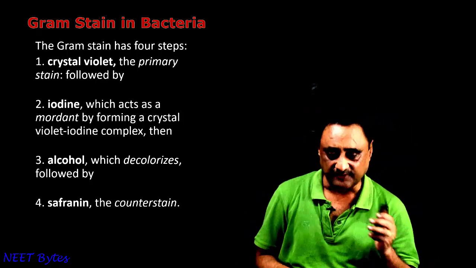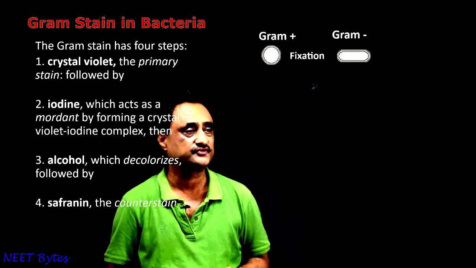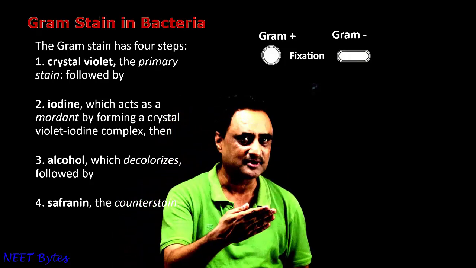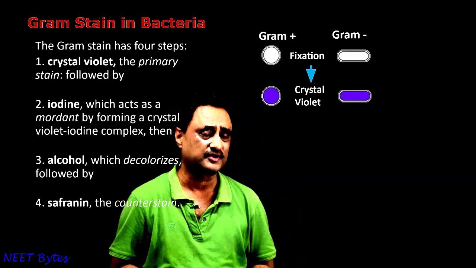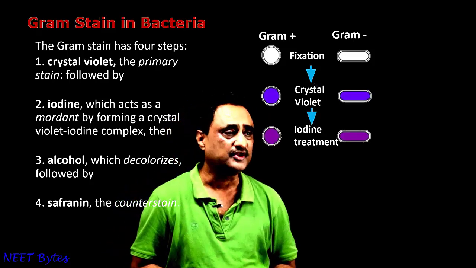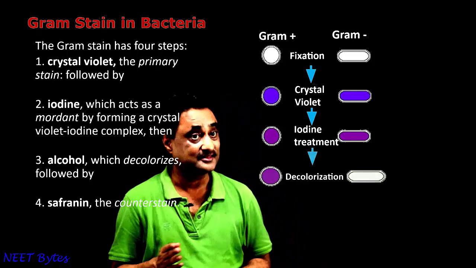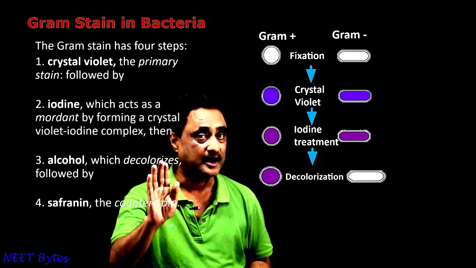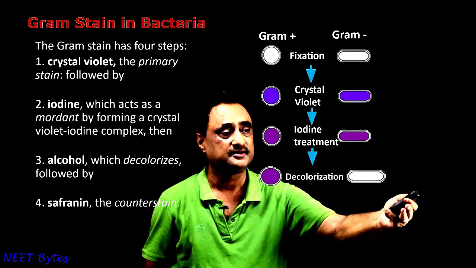Have a look at all these 4 steps in this diagram. First, you see I have shown gram-positive and gram-negative bacteria. Ideally they look alike. When I put crystal violet, both look violet. And when I treat with iodine, they appear violet, as you can see there. Then we apply ethyl alcohol, and we see that gram-positive retains the crystal violet, but gram-negative, you can see, is white.